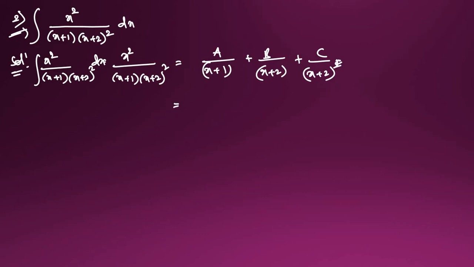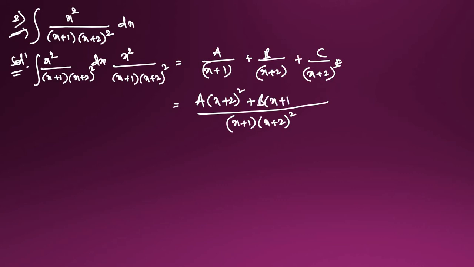Now if we do cross multiplication, a into x plus 2 whole square will come, plus the LCM is x plus 1 into x plus 2 whole square. So it will become a into x plus 2 whole square, plus b into x plus 1 into x plus 2, plus c into x plus 1.